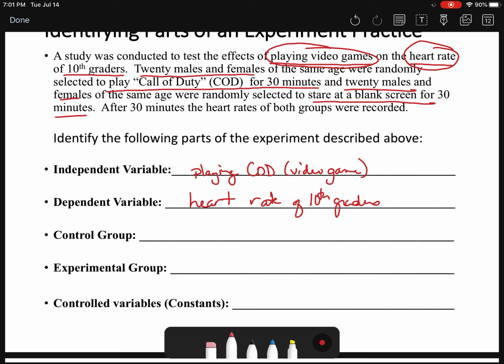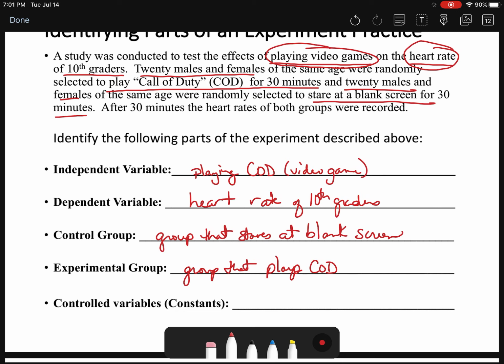So this would be the group that stares at the blank screen. And this would be the group that plays, because the experimental group is the one being experimented on, so they receive that independent variable, the group that plays Call of Duty. Okay?